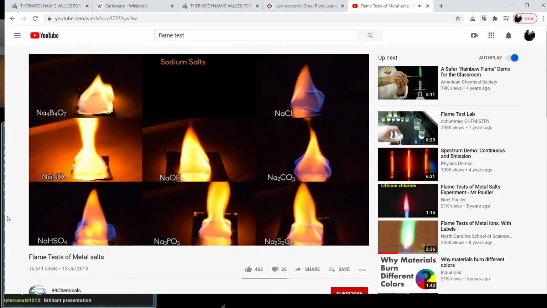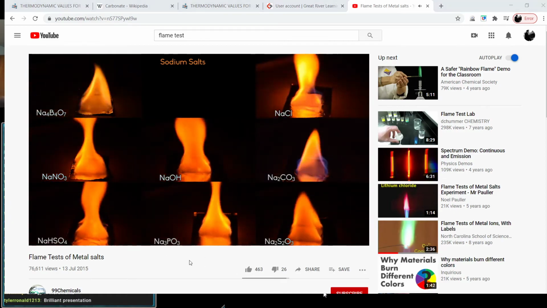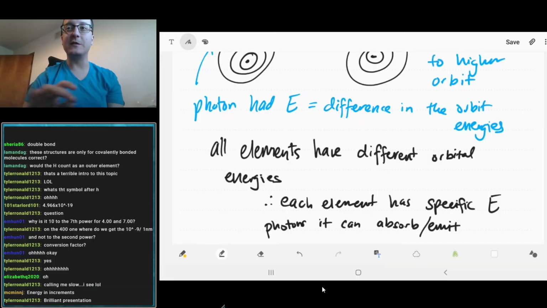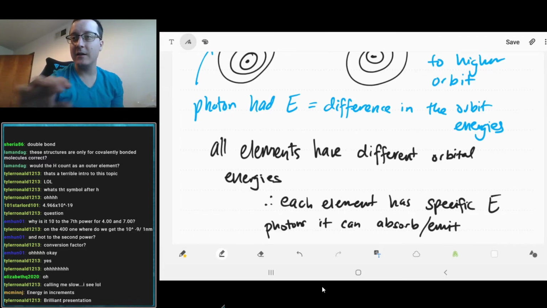Boron, also green. Okay, anyways, that's enough burning things for now. That's the idea. So different elements give off different colors when they get light or energy. In this case, they were using heat. Get it?